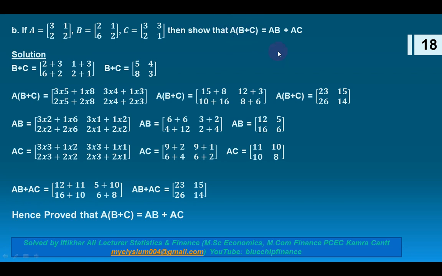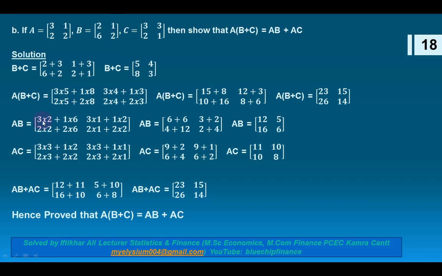Now we calculate AB first. After that we will calculate AC, and we will add up both results, AB plus AC, and then we will see whether it is equal or not. So first of all, A multiplied by B: first row first column, first row second column, second row first column and second row second column.